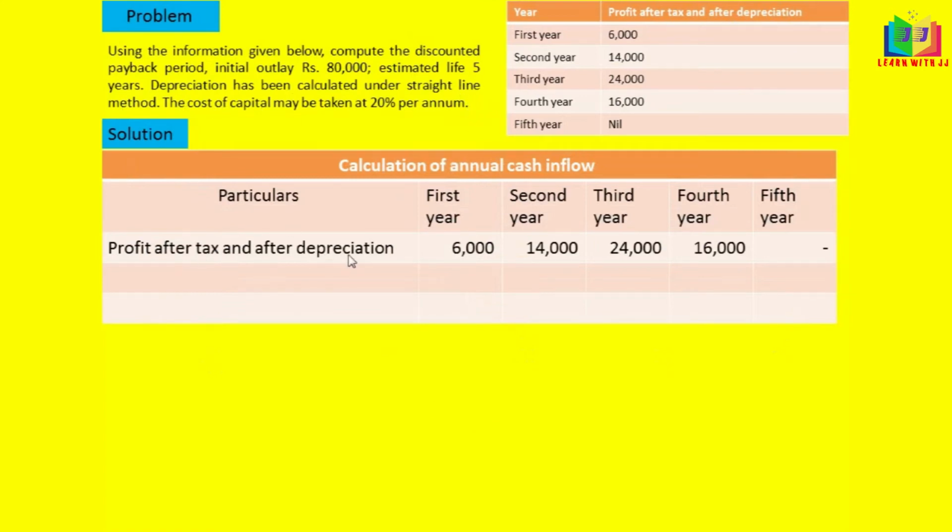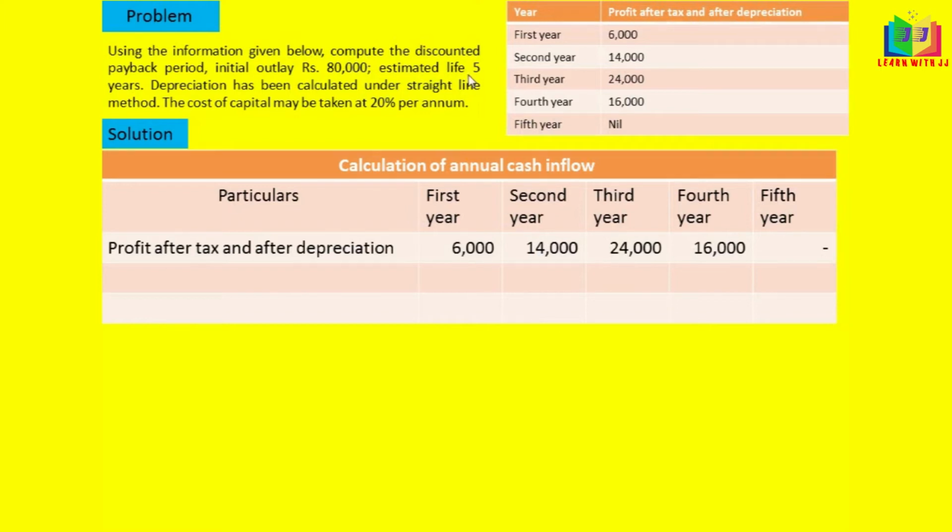First, I have written the profit after tax and depreciation. For the first year it's 6,000, second year 14,000, third year 24,000, fourth year 16,000, and in the fifth year we don't have any cash inflow. Now we have to add back the depreciation. The depreciation is calculated on the initial outlay, that is 80,000, and the estimated life is 5 years.